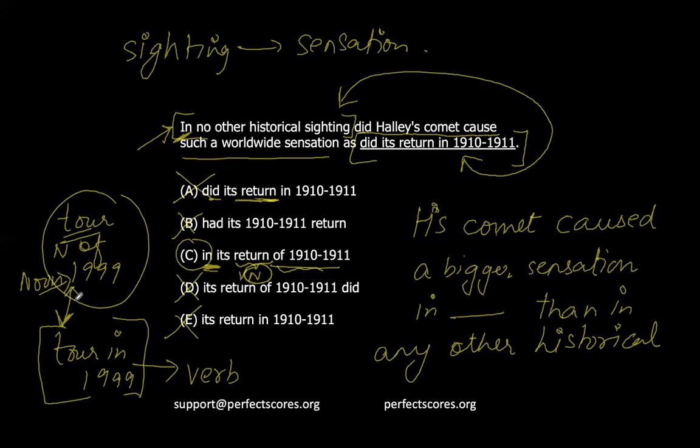Yeah. Do you see how C is the answer now? The parallelism should be there between this option and "in no other historical sighting." So historical sighting is acting as a noun. So is return of this year. So this is also acting as one big noun.